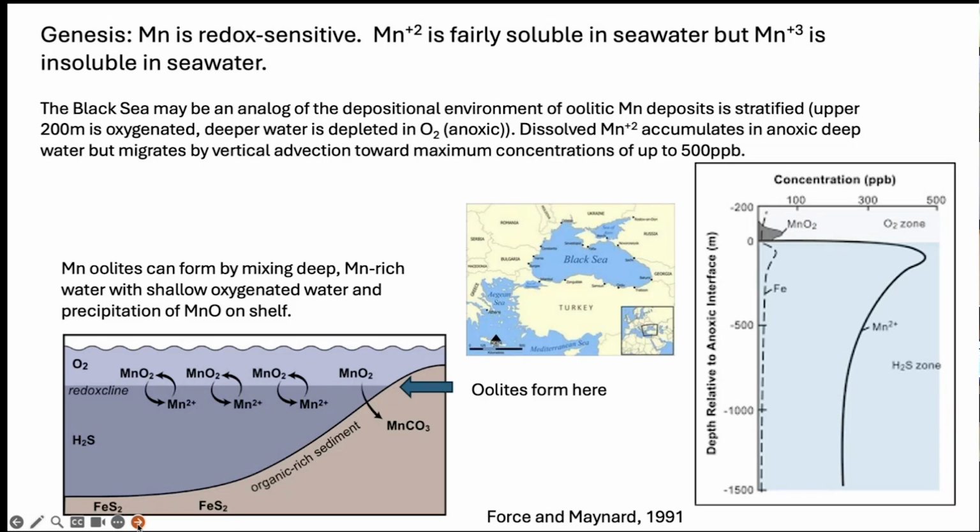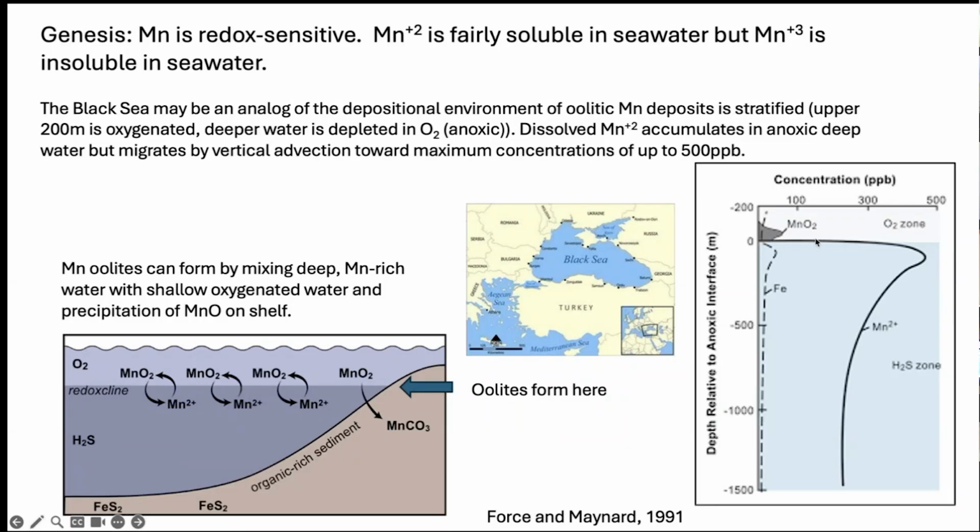So a lot of people suggest that the Black Sea today may be an analog of the depositional environment of oolitic manganese deposits. Because the Black Sea's upper part is oxygenated because it's always interacting with the wind, and that tends to keep it mixed. But below about 200 meters, you've got an oxygen depleted zone. And you look here at the manganese concentrations.